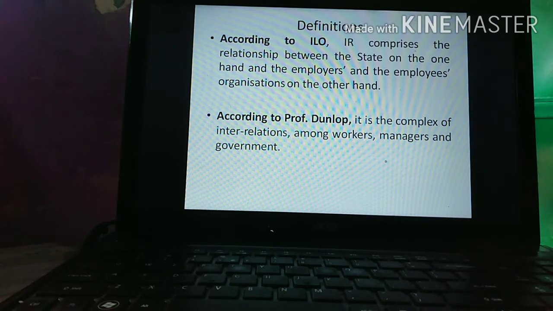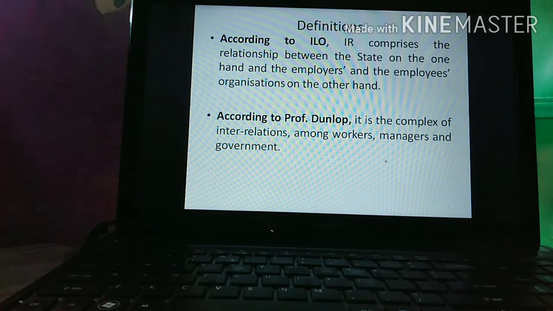But in the definition of ILO, they have also explained that IR is the relationship which exists not only between the employers and the employees, but also between the state, means government, and employers and employees, right?